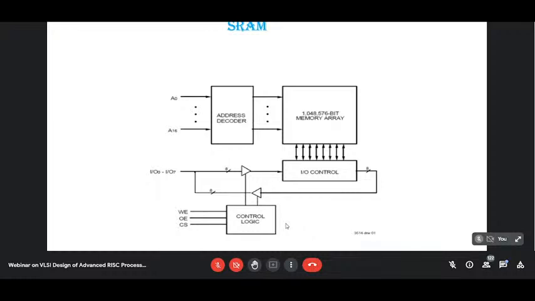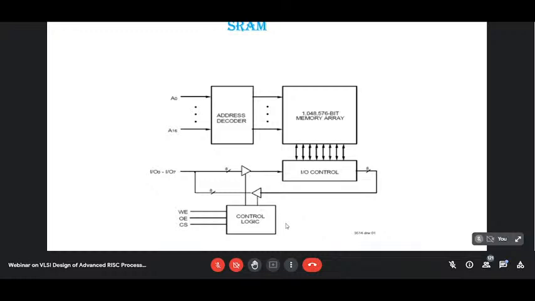So if write enable is there, then you enable the control logic in such a fashion that the data will be stored. Or if you want to read the data, output enable, that is the read. Output enable is nothing but the read signal. If you give that, then whatever data is there will be available at the input-output lines.